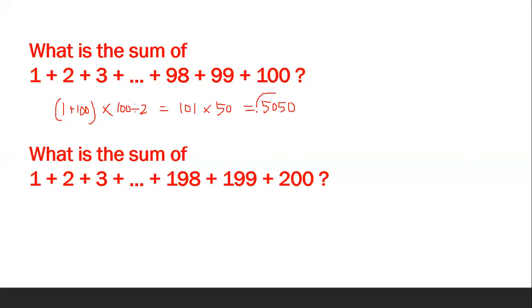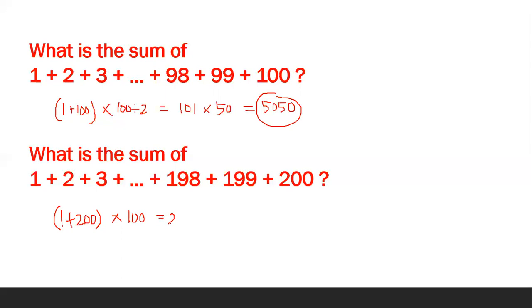All right, so we've got the answer. Now, what is the sum of 1 plus 2 plus 3 up to 200? Let's do the same way. So we add the first and the last number, 1 plus 200. And because these are the first 200 consecutive numbers, there are 200 numbers, and that gives us how many pairs? 200 divided by 2 is 100 pairs.